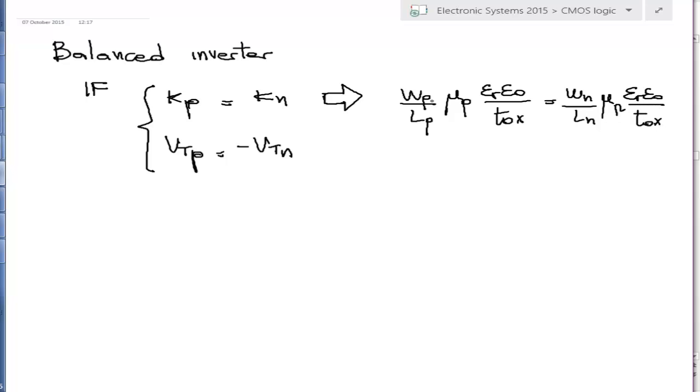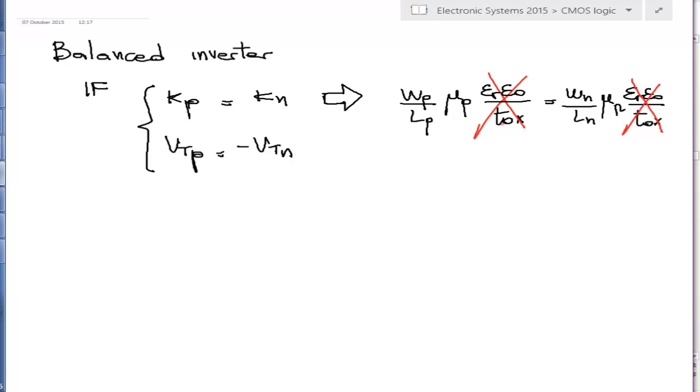I added to W and L the subscript P for the PMOS and N for the NMOS, just to distinguish between them. And of course, as I was mentioning, this part is identical to this part. We cannot modify them because by fabrication they are identical.